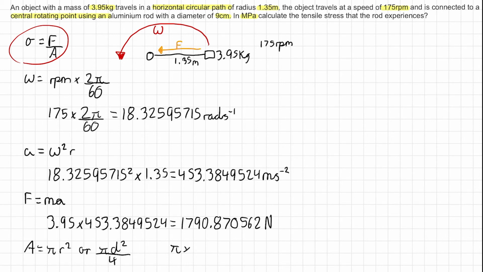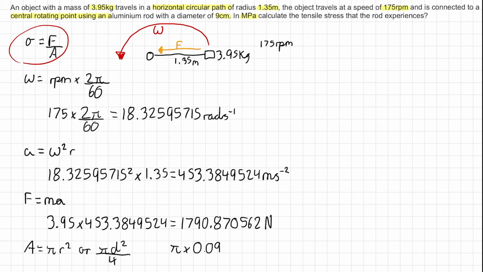So we do pi times 0.09, because that's the conversion, so centimeters to meters.